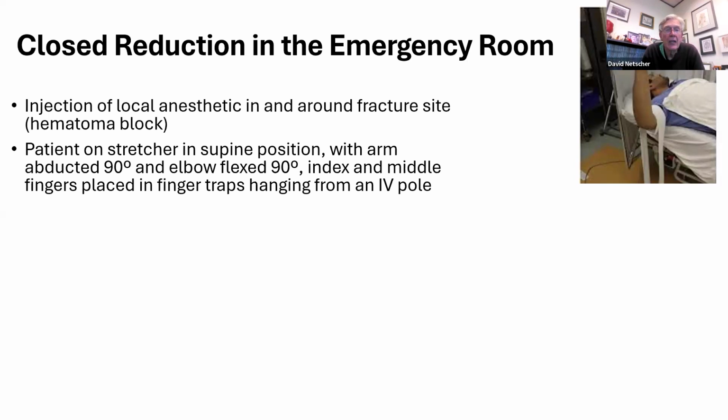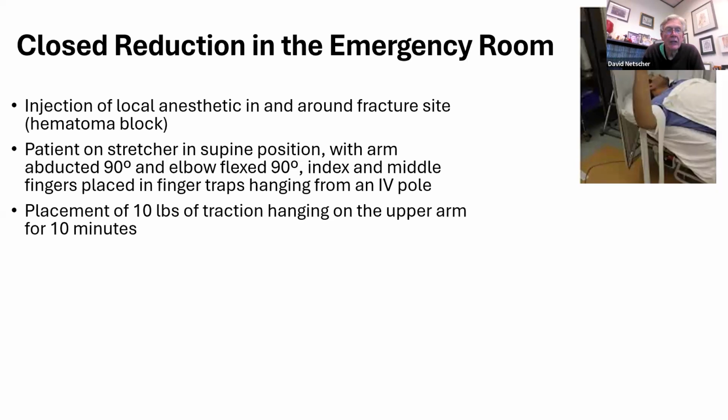The arm is abducted and 90-90, so 90 degrees at the shoulder, 90 degrees at the elbow. The index and middle finger are placed in finger traps, or sometimes the index finger and the thumb, it doesn't really matter, and hanging from an IV pole, and in turn placing 10 pounds of traction on the hand and the arm.